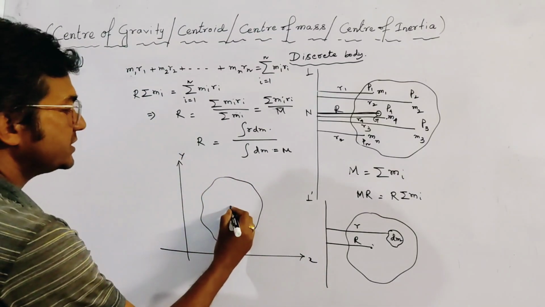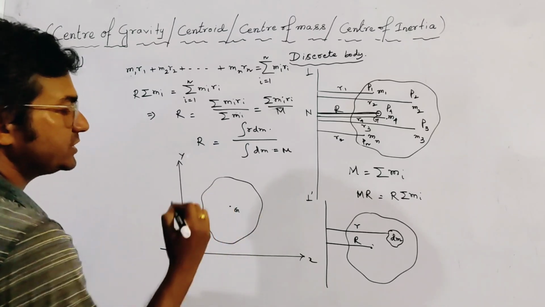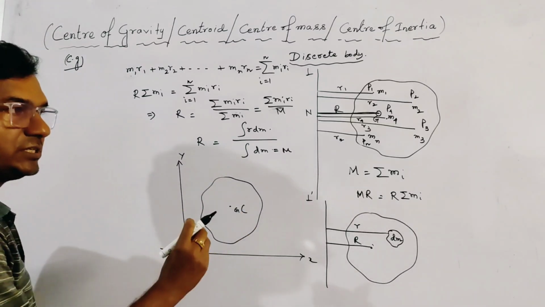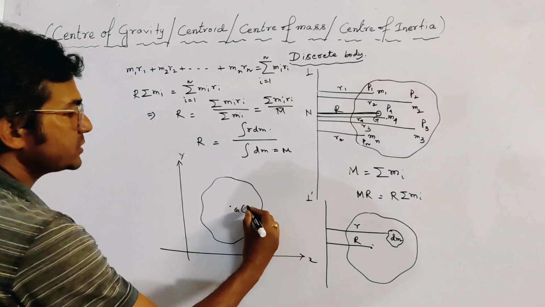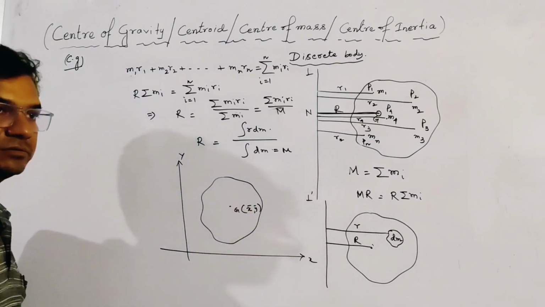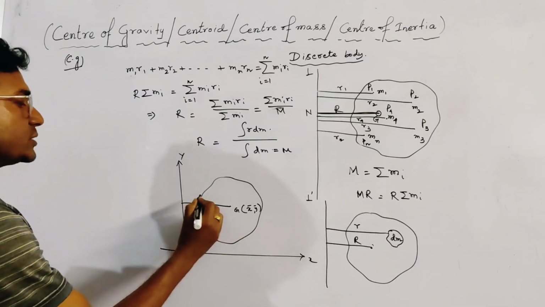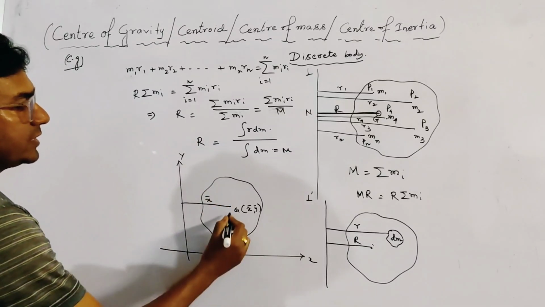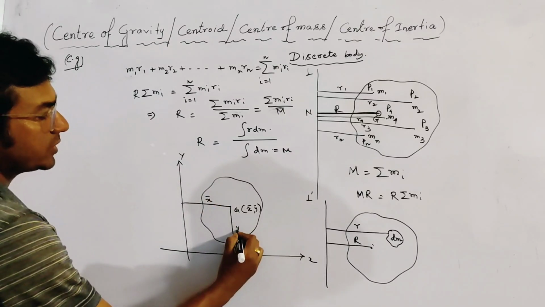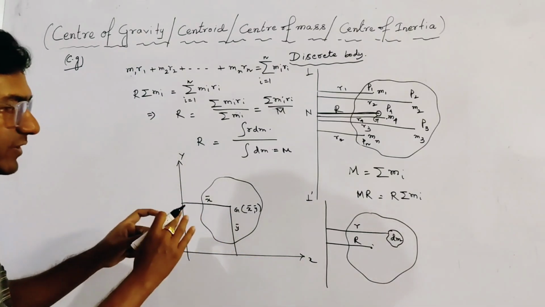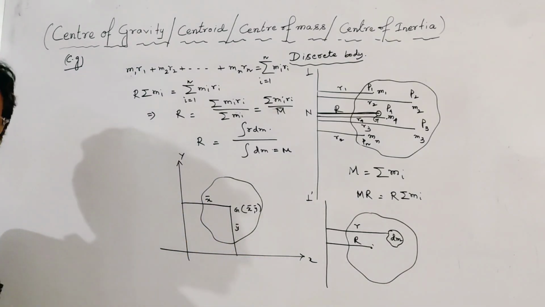The position of CG can be denoted by x bar, y bar. This distance is x bar and this distance is y bar. We have to find x bar and y bar with different formulas.